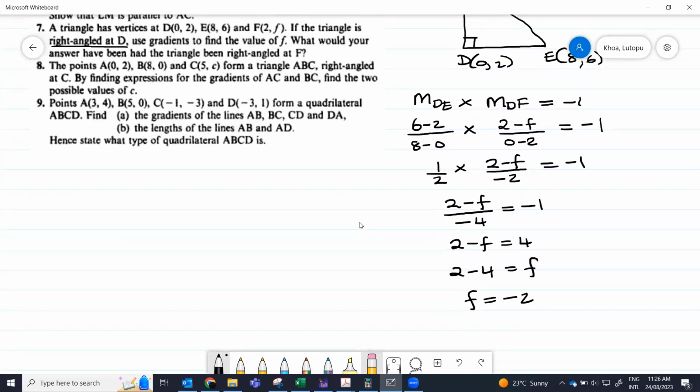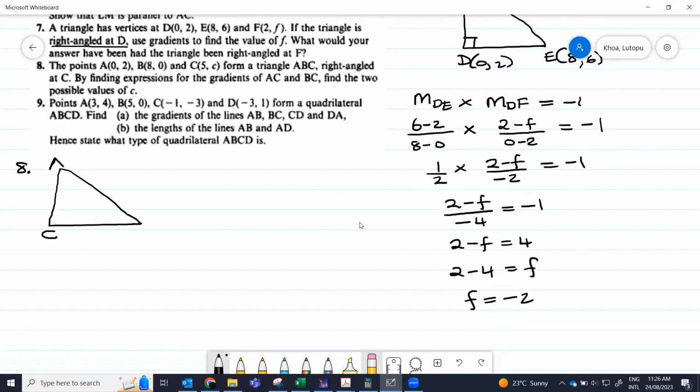Question 7. Then question 8. We have the points A, B, and C form a triangle. And this time the triangle is right angled at C. So we have something like this.